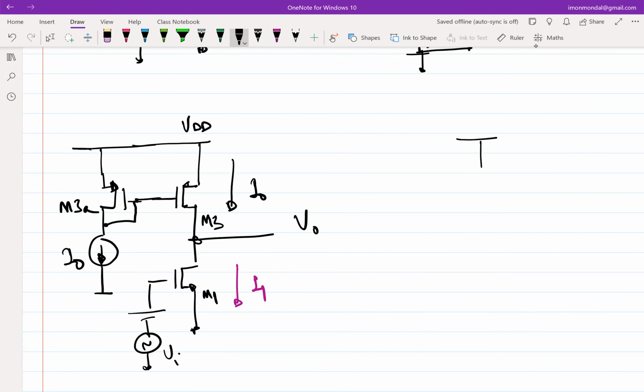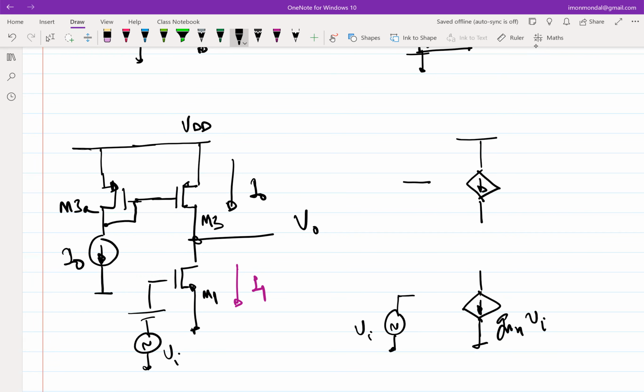So again, I'll replace this with my incremental model. So I have Vi here. So this will be GMN Vi. I neglected GDS, so nothing there. Then on top, I have this.